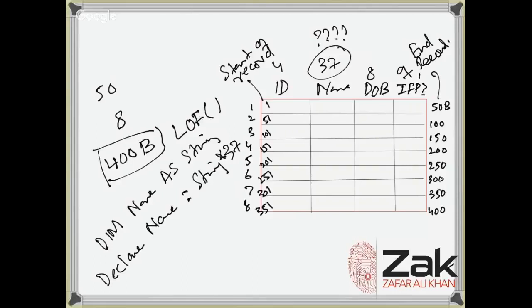How do I make it 37? By putting this star and 37 after the type. String star 37 means if you enter my name Zafar, the rest 32 bytes will be saved as empty, but it will keep the size of the record equal.